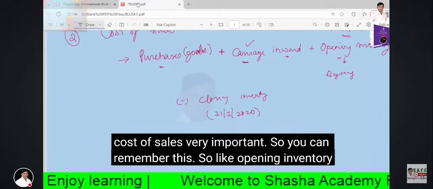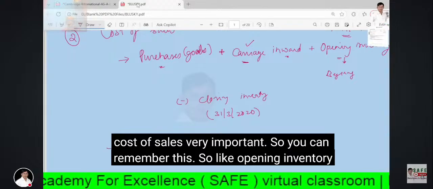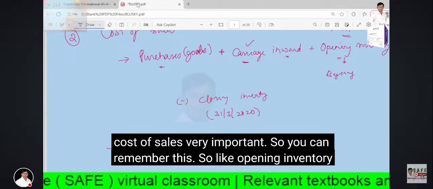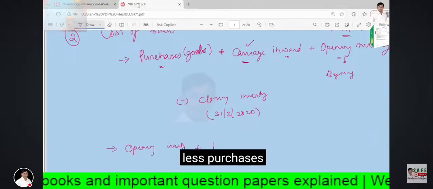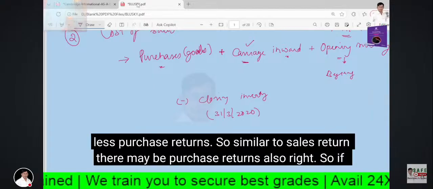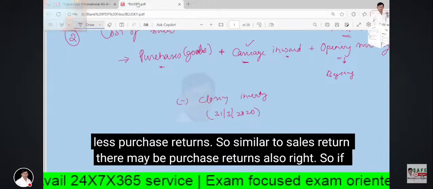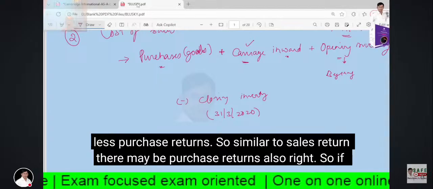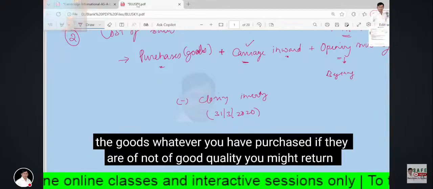Like opening inventory, less purchases, less purchase returns. Similar to sales return, there may be purchase returns also. If the goods you have purchased are not of good quality, you might return them.